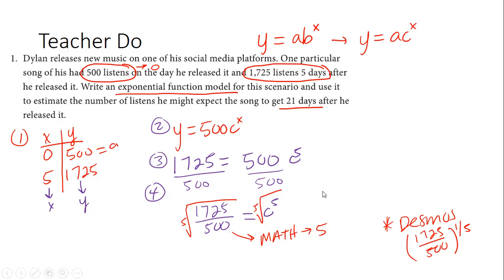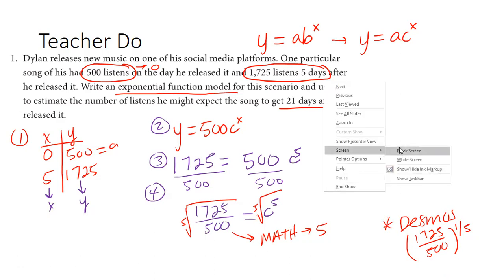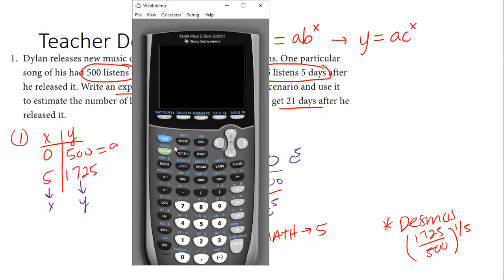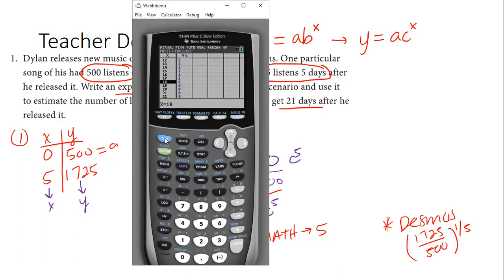So I'm going to pull out my calculator. C is not going in. So I'm going to go math 5, and I'm going to type in my 5. Then I'm going to type in 1725 divided by 500.